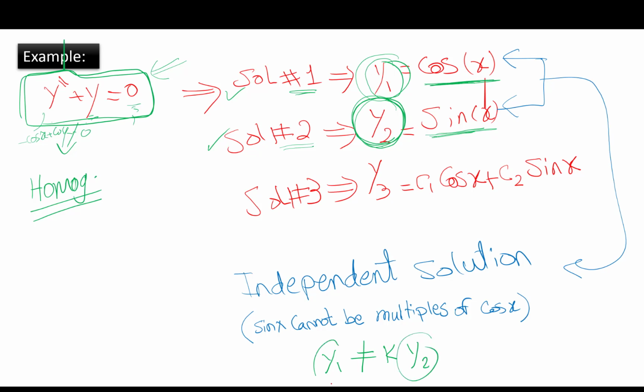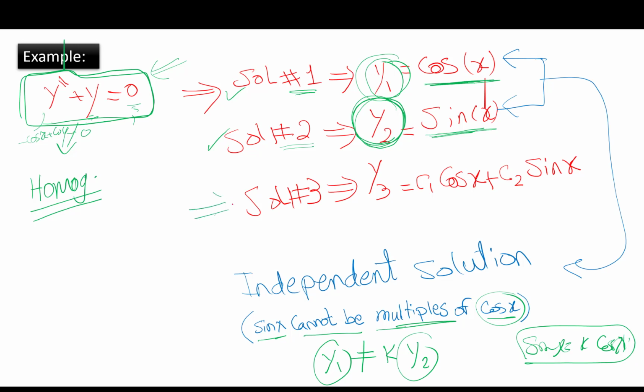So if you look at cosine and sine, that's true. Sine x cannot be a multiple of cosine x, right? Can you find that sine x, for example, equals k cosine x? Never. It will not happen, right? So this means that sine and cosine are independent linear solutions of the differential equation.